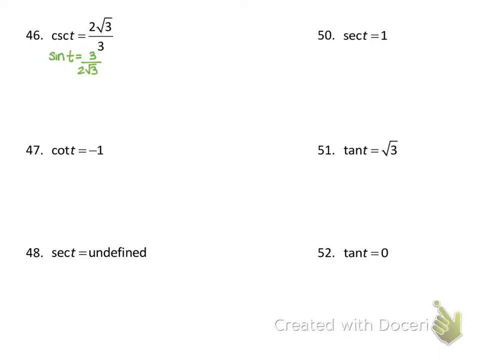We do have to rationalize, so I'm going to multiply by root 3 over root 3, and I'm going to end up with 3 root 3 over 2 times 3. And 2 times 3 is 6, so we have 3 root 3 over 6, which we can simplify, and now we're looking for where sine is root 3 over 2.